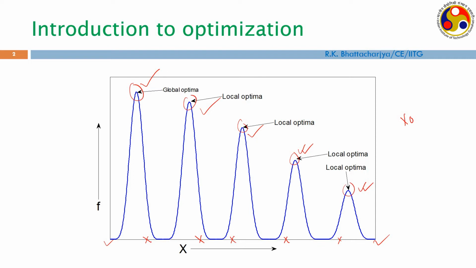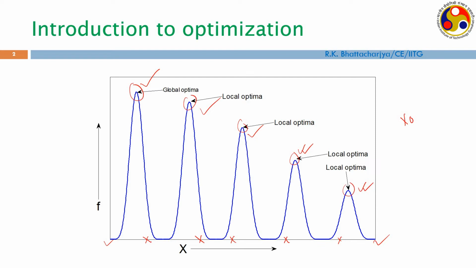So what should you do basically? If you have more than one optimal solution, then you just change your starting point. Randomly you take a starting point between the lower bound and the upper bound, and then you try to get the solution. If you have multiple optimal solutions, you take different initial solutions and try to get the solution.